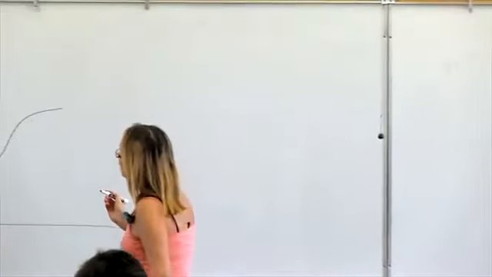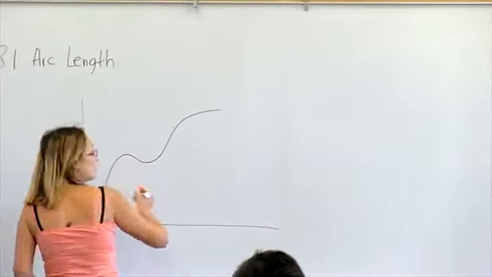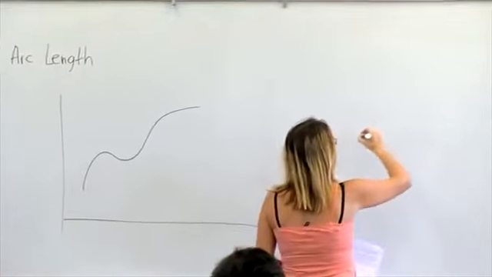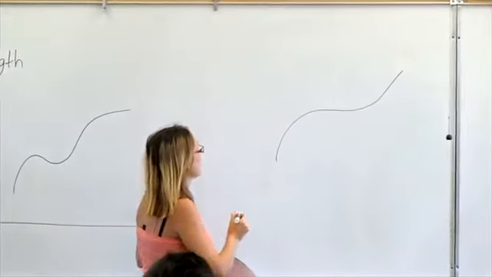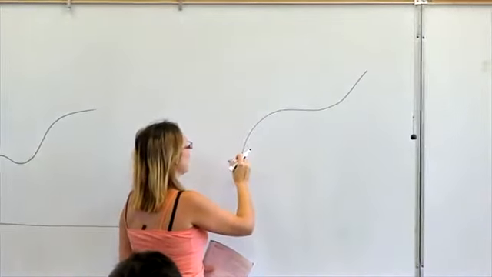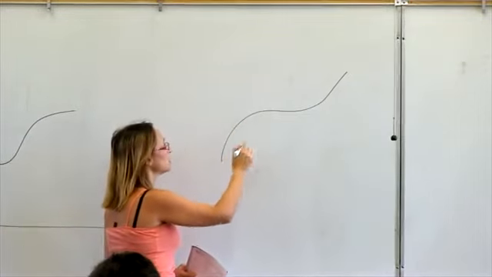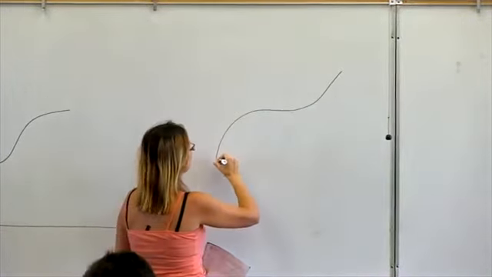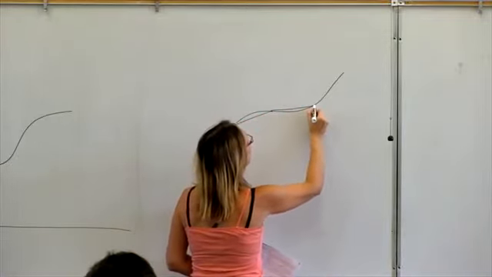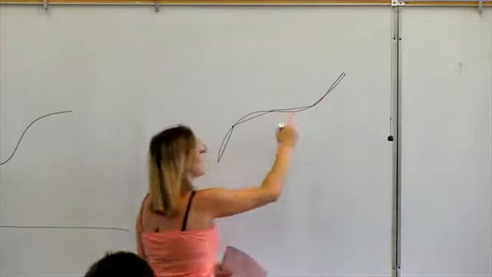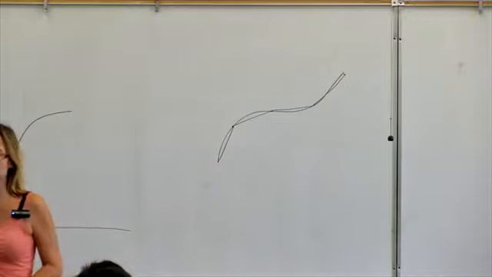Okay, and the idea is as follows. Let me draw it here. If we have something like this, we can roughly pretend that this piece consists of a bunch of straight segments, like this, and measure the length of each segment.